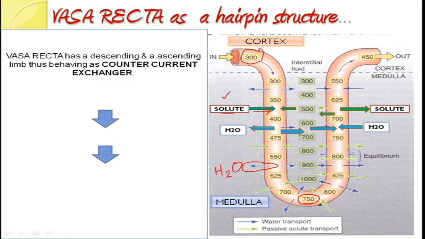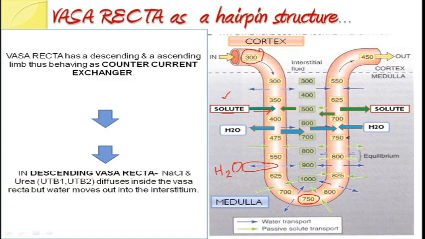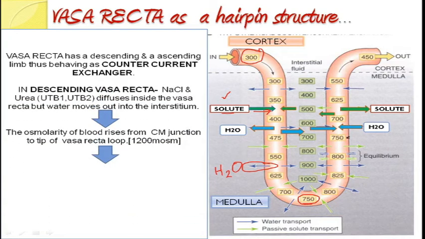If the vasa recta were a straight tube, this would have led to the loss of solute. But the vasa recta turns up to form the ascending limb, and now the solute moves out from the lumen of the vasa recta into the surrounding medullary interstitium because of the decreasing osmolarity as the capillary rises towards the cortex.